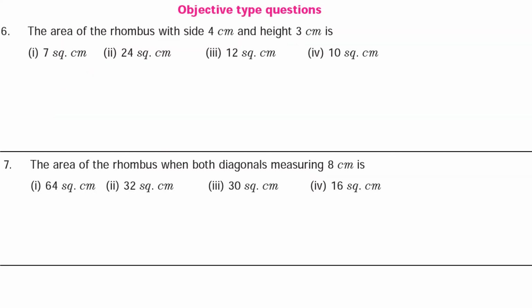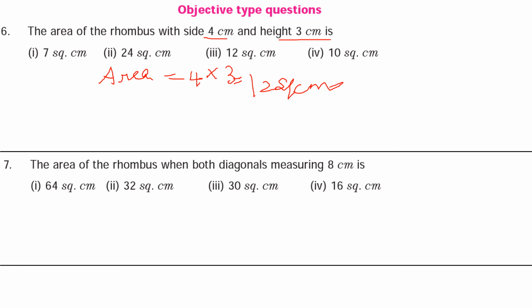Objective type questions. Given the area of a rhombus with a side 4 centimeter and height 3 centimeter. So side and height given means area of the rhombus formula is B into H, equal to 4 into 3, 12 square centimeter. Next question.